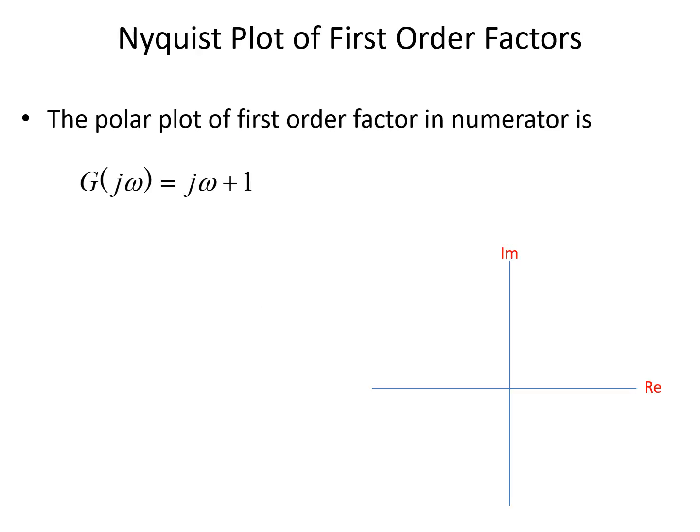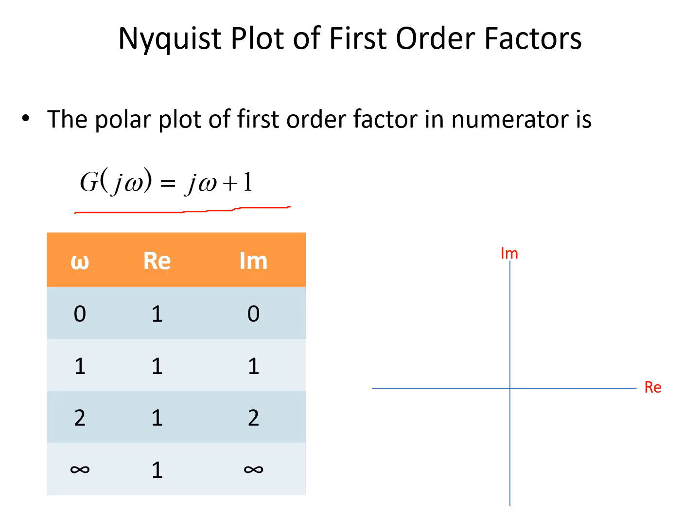Similarly, for a first order factor, like the Bode plot, the polar plot first order factor is denoted as 1 + jω. The plot is constructed by varying ω as 0, 1, 2, etc., up to infinity. The real value will always be equal to 1, and the imaginary value changes as 0, 1, 2 like this.